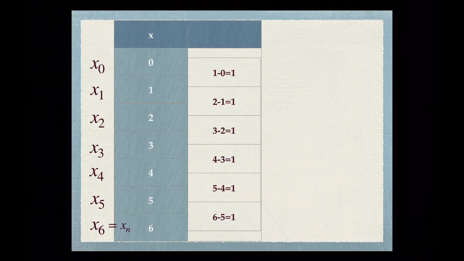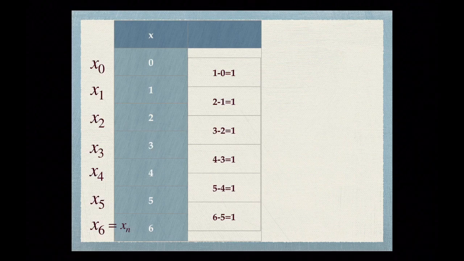x1 minus x0. You should not take it in the reverse way. It's always the preceding value that has to be subtracted from the succeeding value. So 1 minus 0, 2 minus 1, 3 minus 2, 4 minus 3, 5 minus 4, and 6 minus 5.